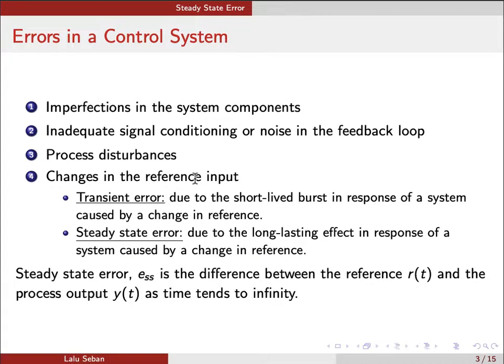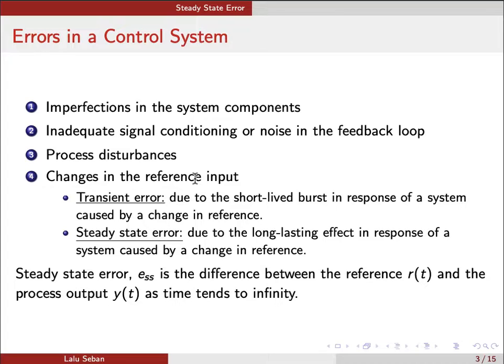Whenever there is a change in the reference input or set point, definitely the output will also change to track the set point, but it will not track the set point instantaneously. There will be a time gap.